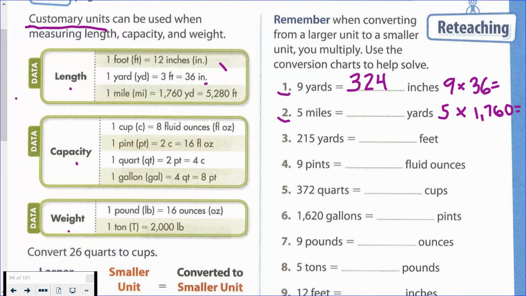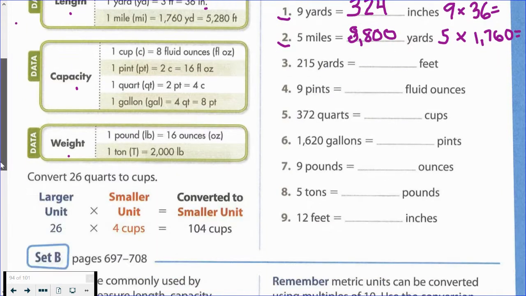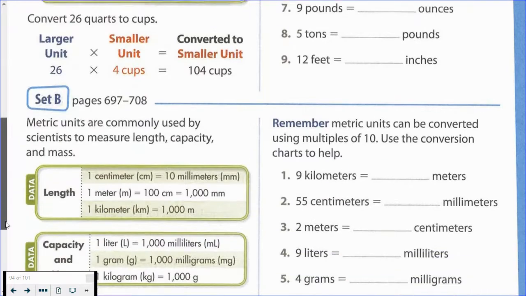Whichever way you choose to solve it, if you solve it correctly, you should wind up with the answer of 8,800. So something I want you to notice, build equations, okay? So you're going to finish the rest of set A using the conversions charts to help you.